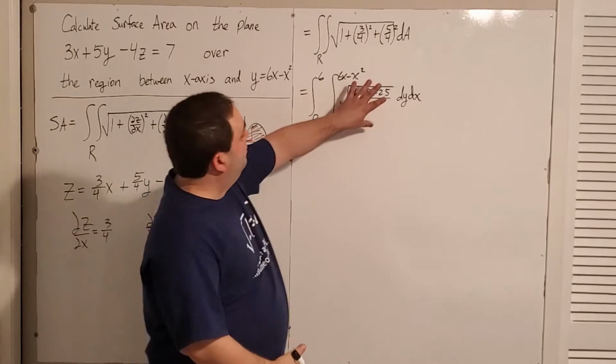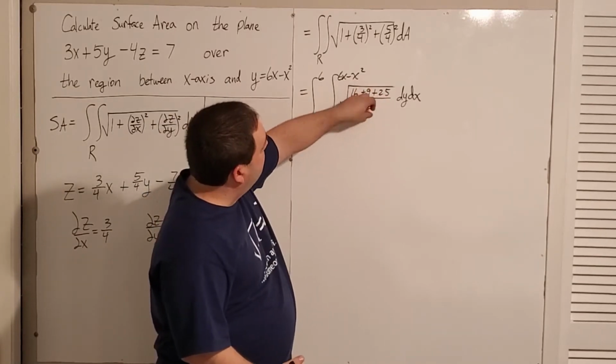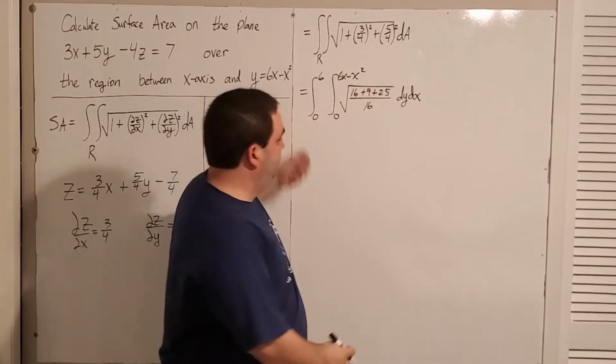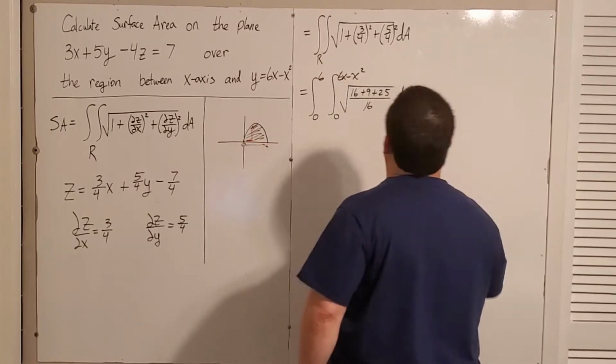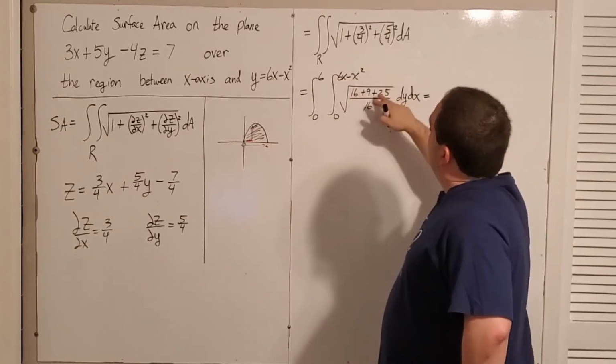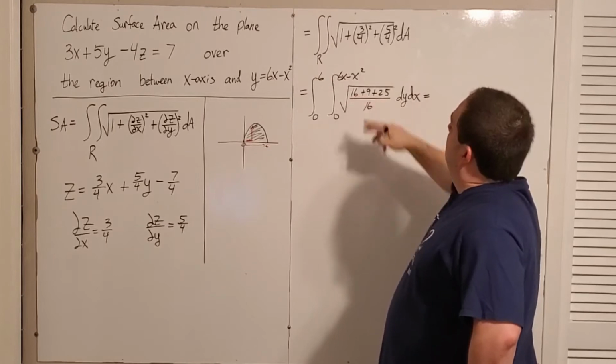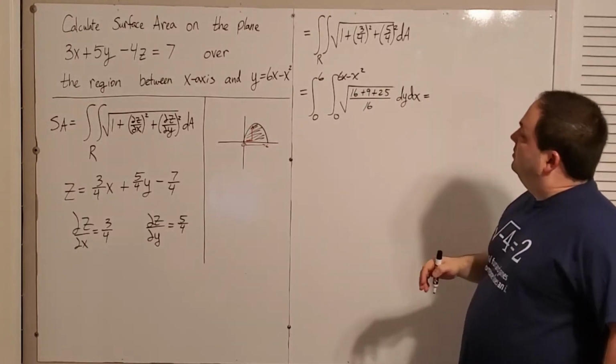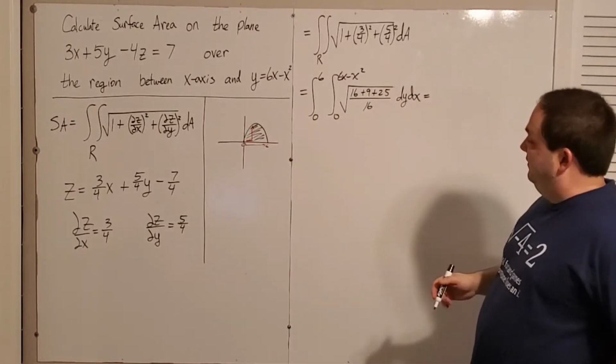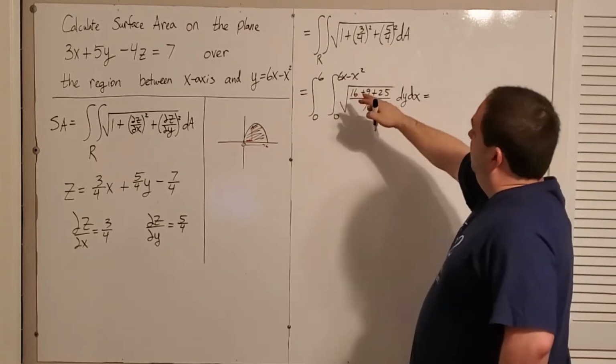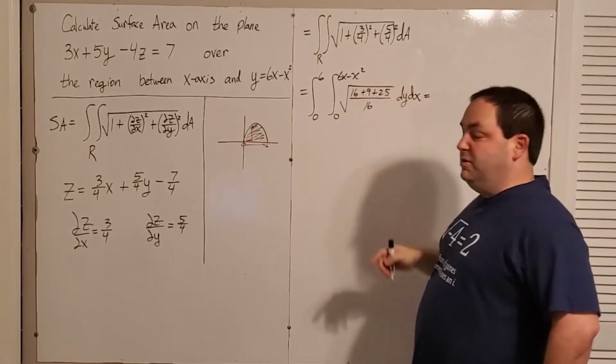Now, of course, there's no y or x dependence on this, so I'm just going to pull it out. I have the square root of 16 and 9 is 25, plus 25 is 50. And 50 I can split into 2 times 25.